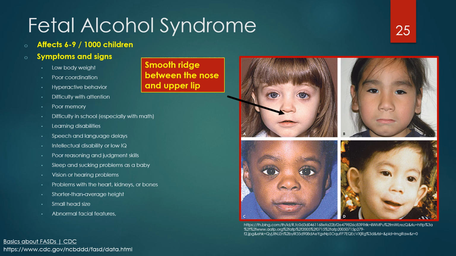Abnormal facial features such as a smooth ridge between the nose and upper lip. This ridge is called the philtrum.